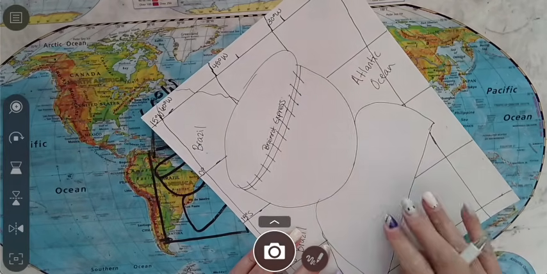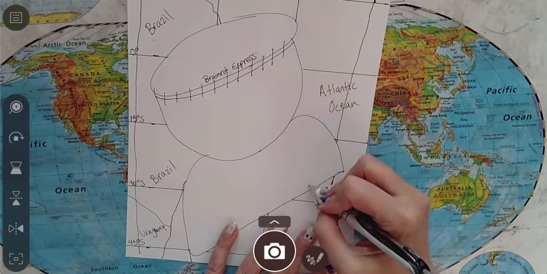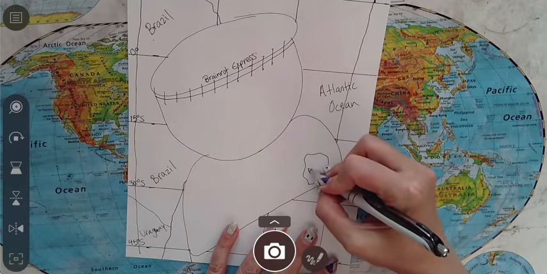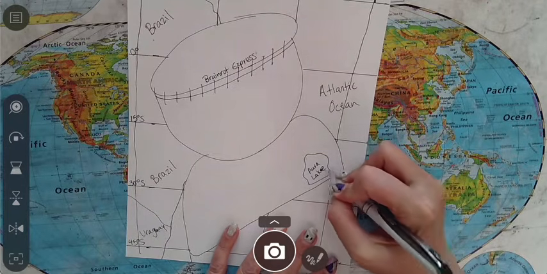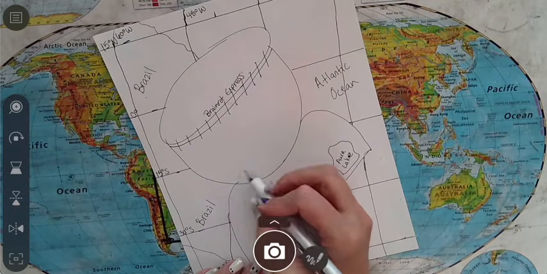Choo-choo, okay? Then maybe over here, I'm going to put a lake, and I'm going to call it Aura Lake.